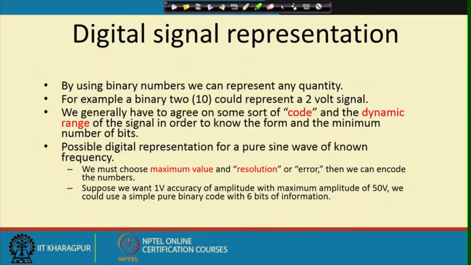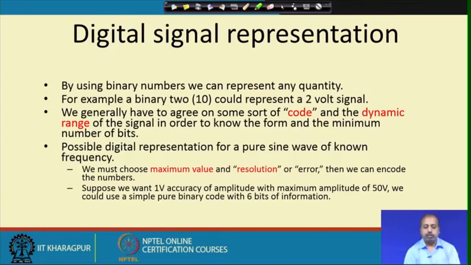If you look into different systems, you will see that all these different types of representations are possible. So, we must agree on some sort of coding, and the dynamic range of the signal that we want to represent. Whenever we are talking about some representation of a number, we are dedicating a certain number of bits or digits for that purpose.